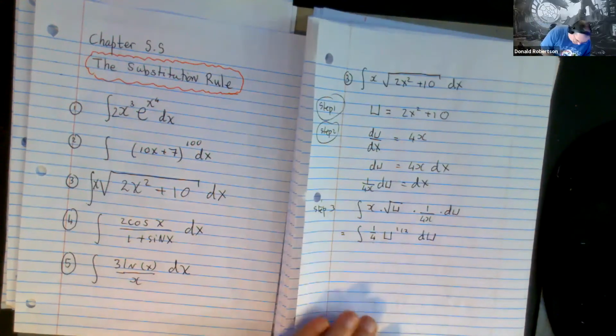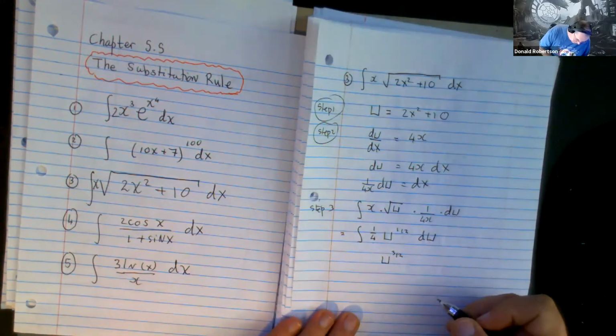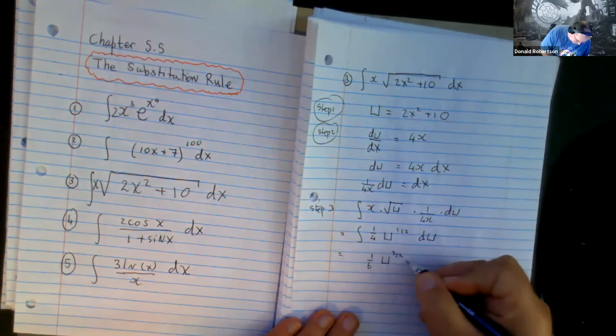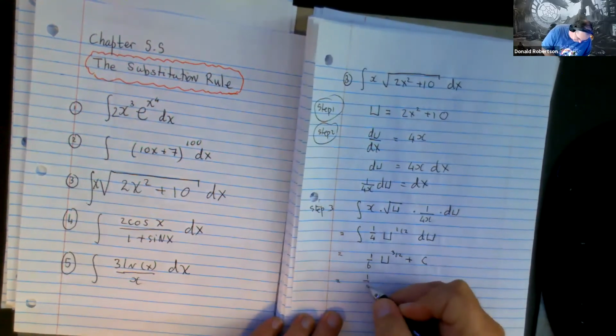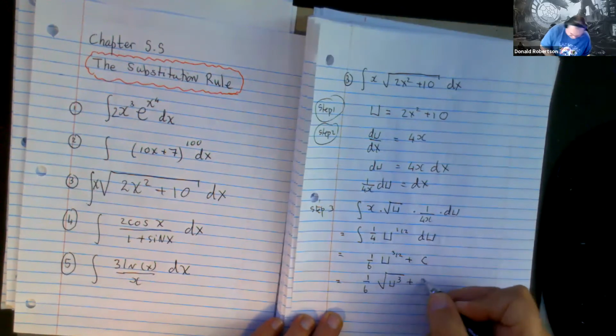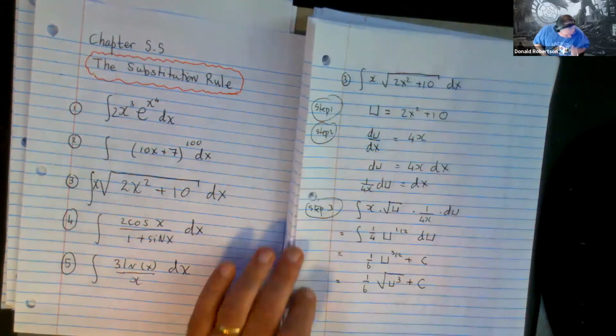Right, add 1 to the power. Divide by 3/2 is the same thing as multiplying by 2/3. 2/3 times a quarter ends up eventually being a 1/6. Style points. Always style points. That never goes away.